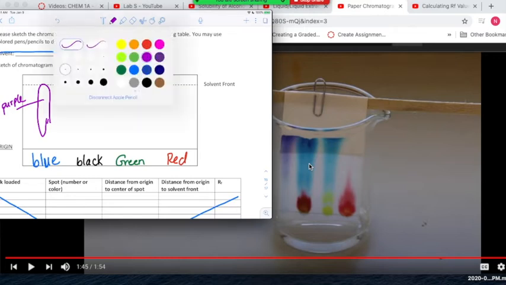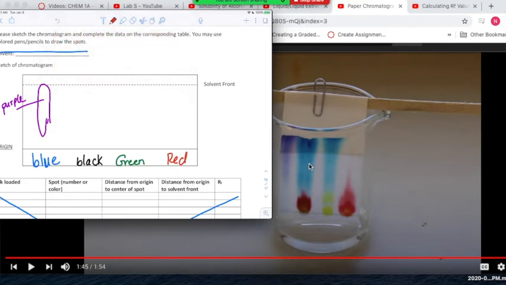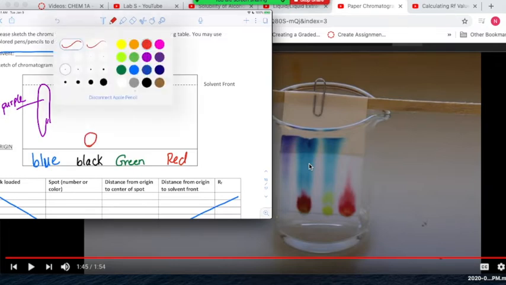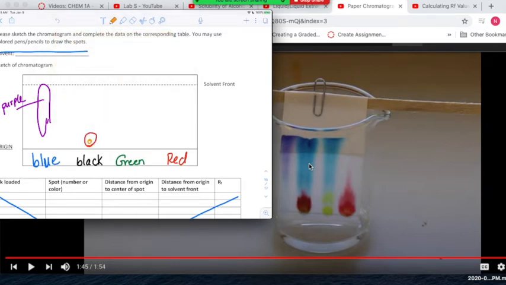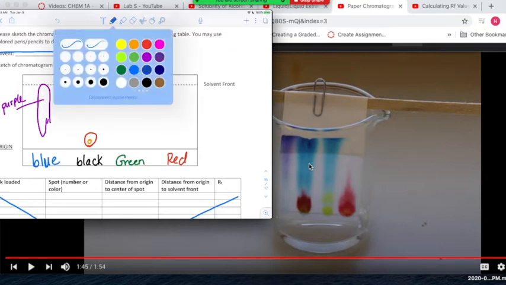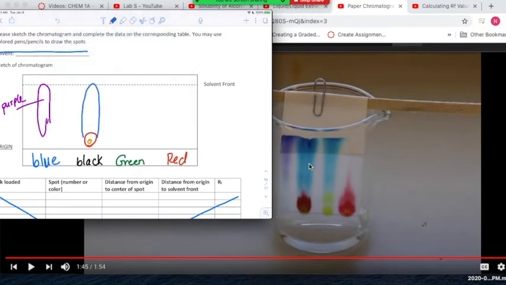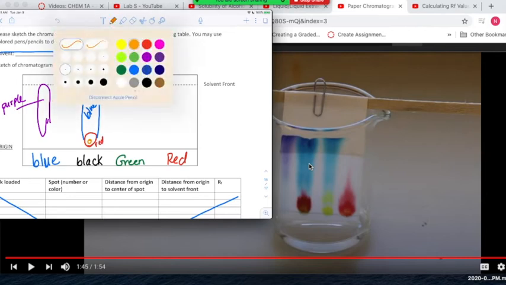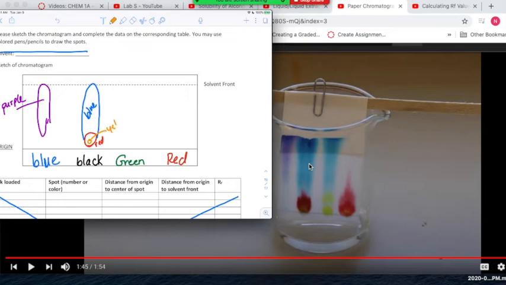And then I might say, and I'm using colors, but you don't have to, that I have here some yellow in there. So something like so, and then just label those colors. Something like that.